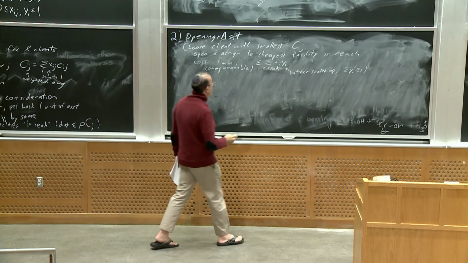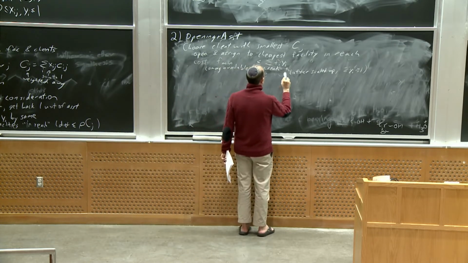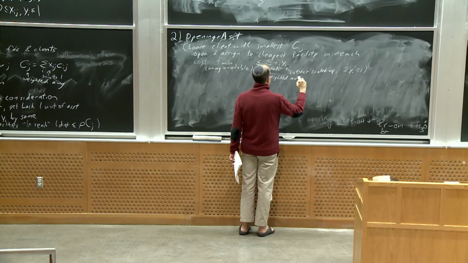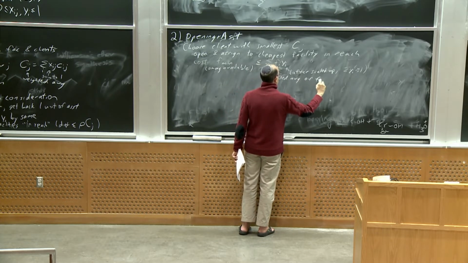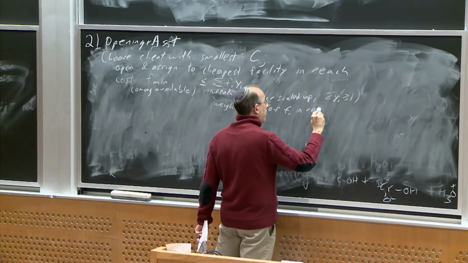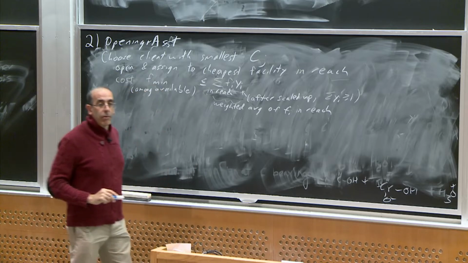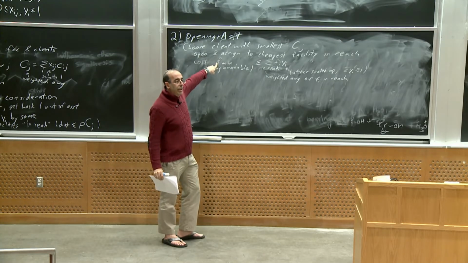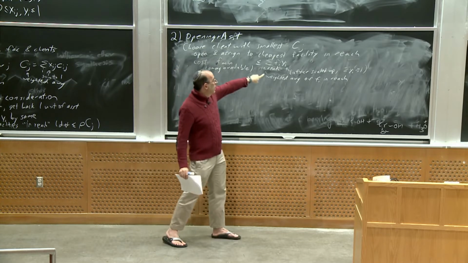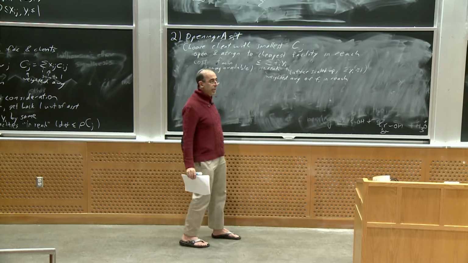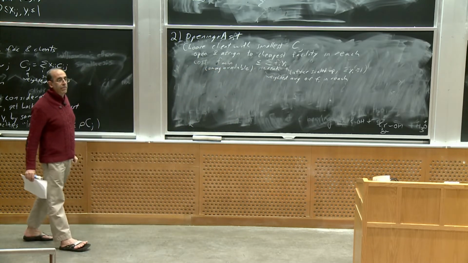Which means that this is a weighted average of the FIs that are in reach. But here we took the cheapest of the FIs that's in reach. And so, of course, the minimum is less than the average cost of opening a facility.